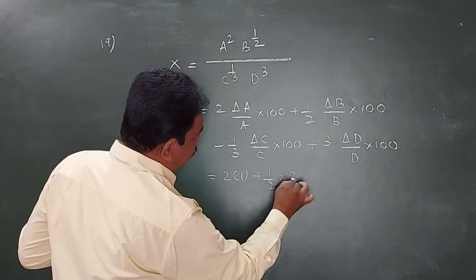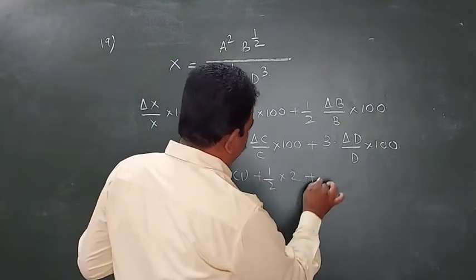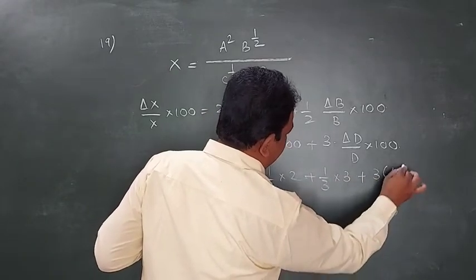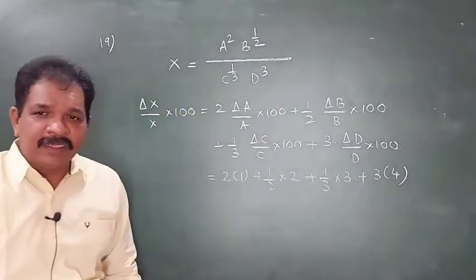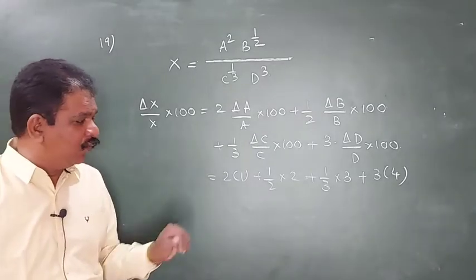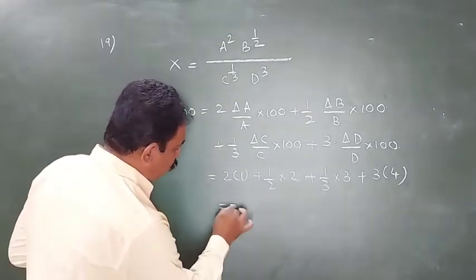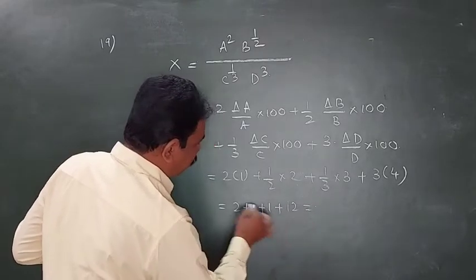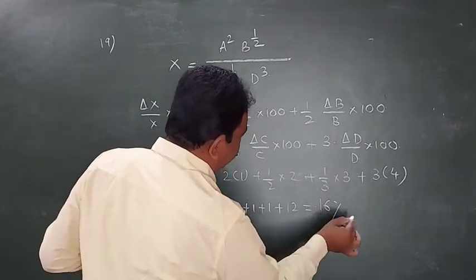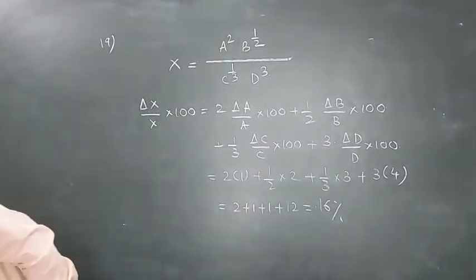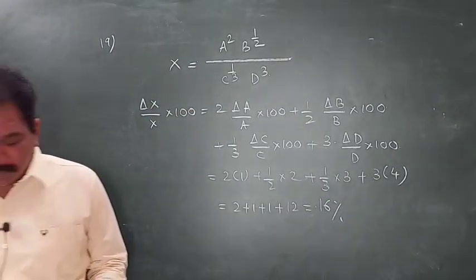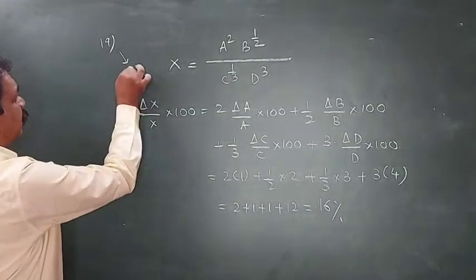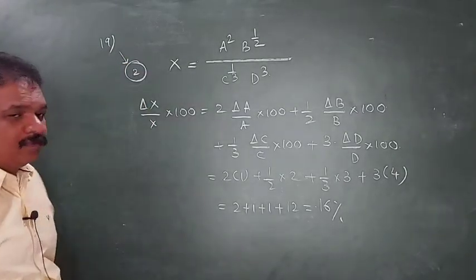B percentage error, they given as 2. C percentage error, they given as 3. D percentage error, they given as 4. So this will be 2 plus 1 plus 1 plus 12. 12 plus 4, totally 16%. So the option for this will be the second option.